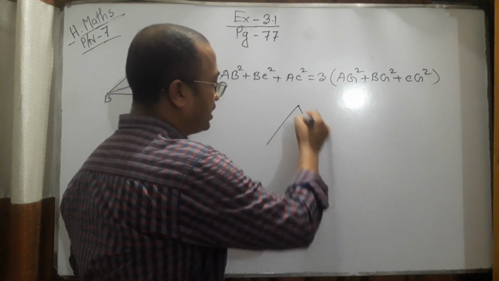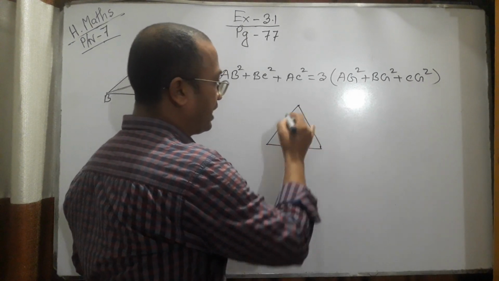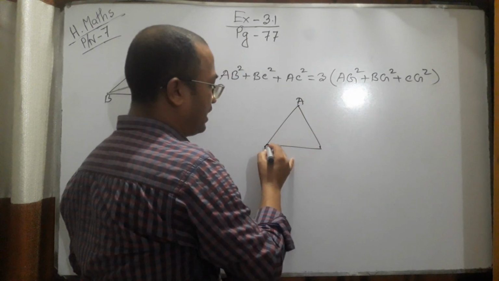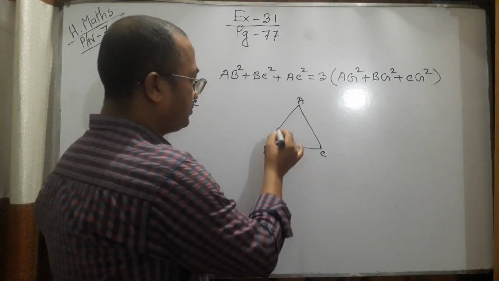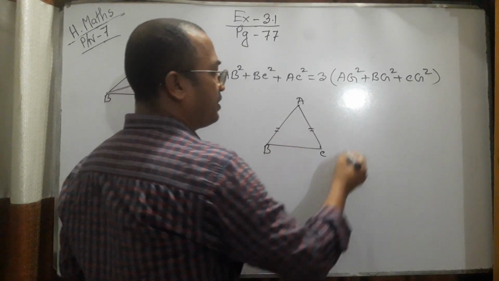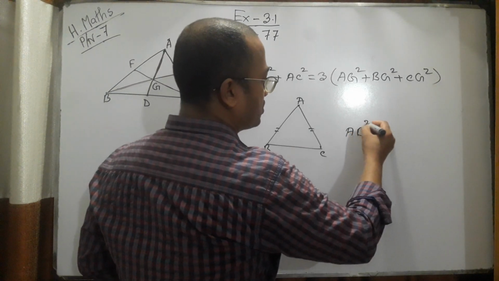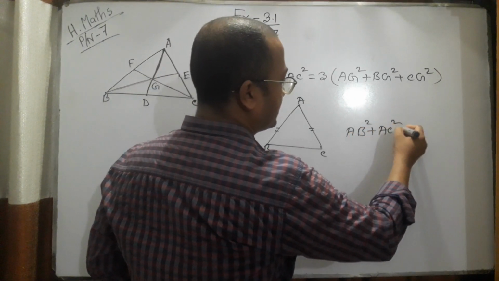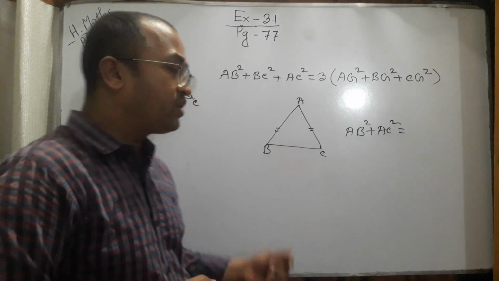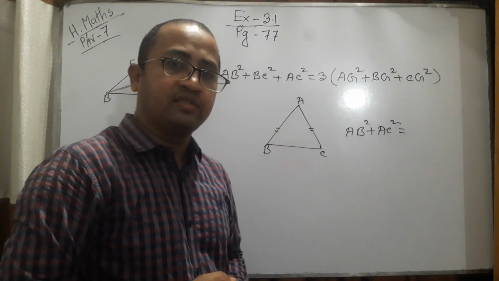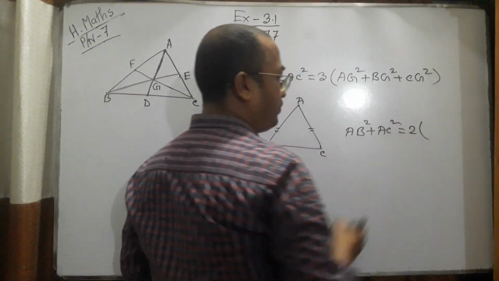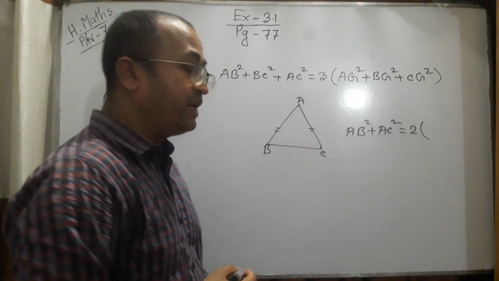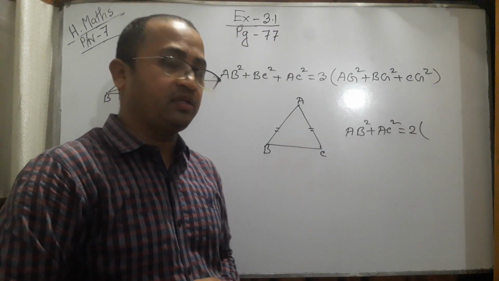Say this is a triangle ABC. Consider any two sides AB and AC. So AB square plus AC square, the sum of the squares drawn on any two sides, is equal to twice the sum of the squares of the median drawn on the third side.